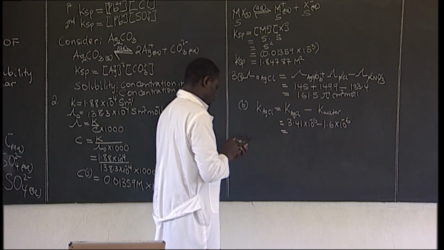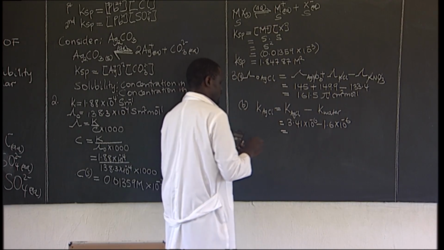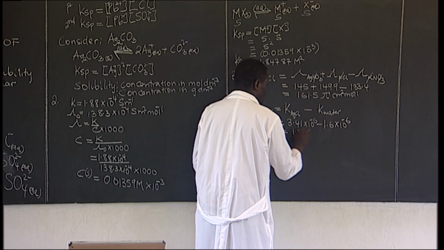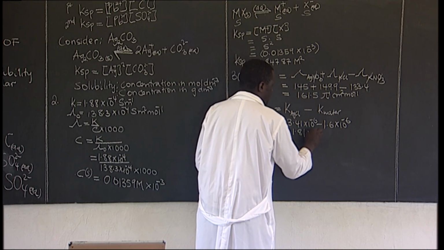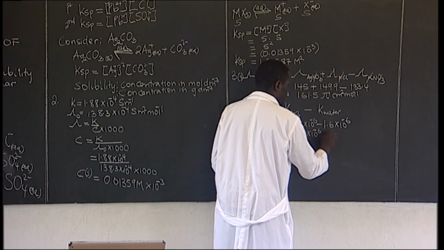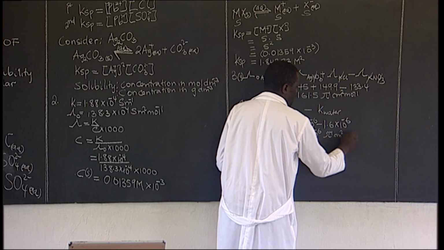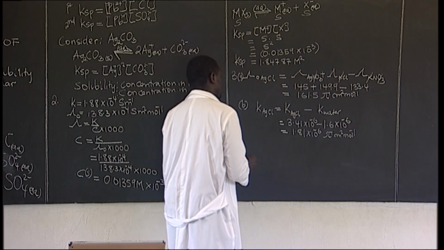So 3.41 minus 1.6 is equal to 1.81 times 10 to the power negative 6 per ohm centimeter squared per mole.